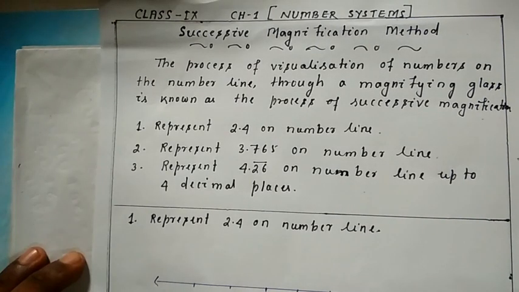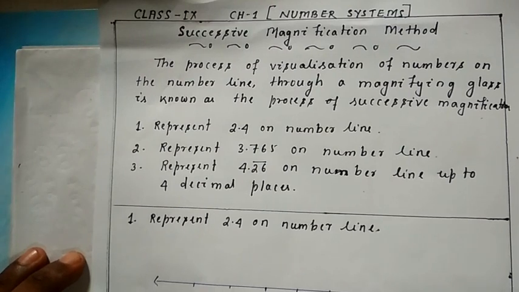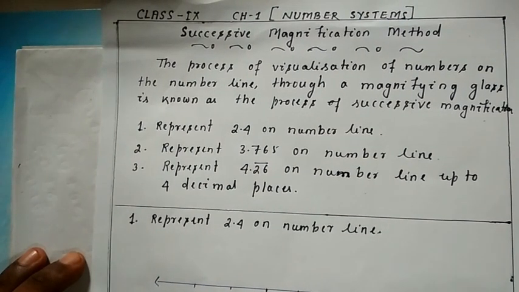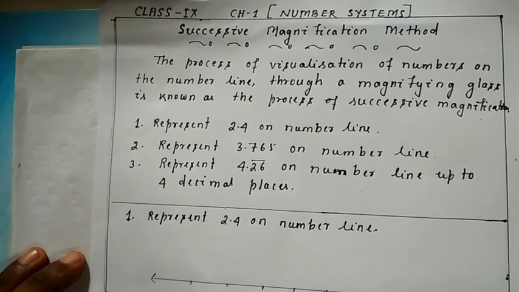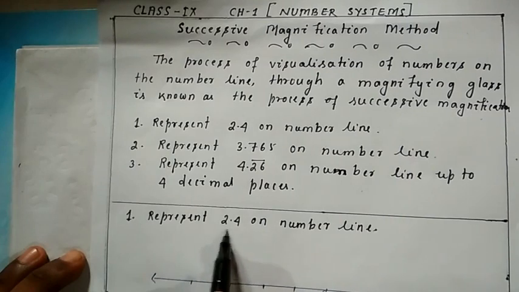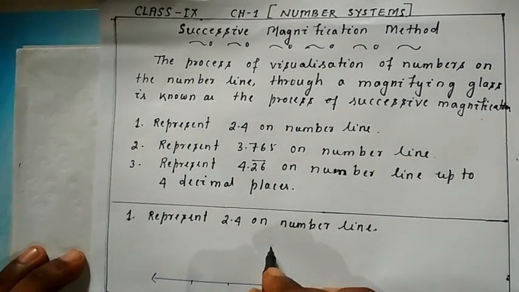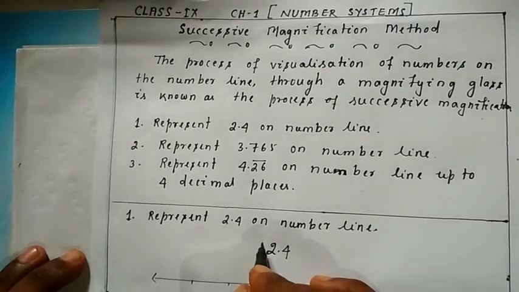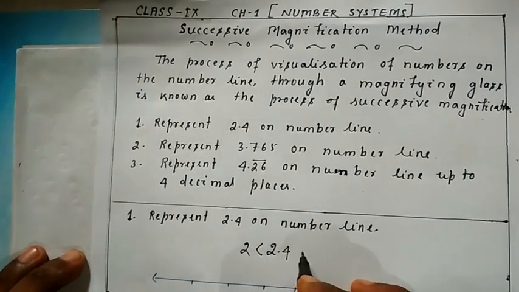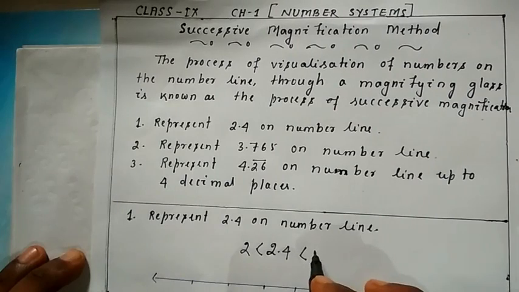Now I will explain how to represent 2.4 on number line. Listen students, it's a very important method and easy also. So you know that 2.4 is greater than 2 and less than 3.